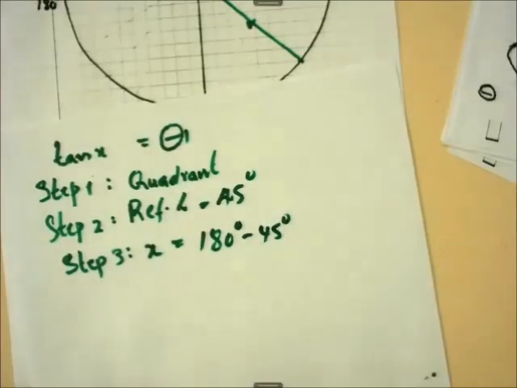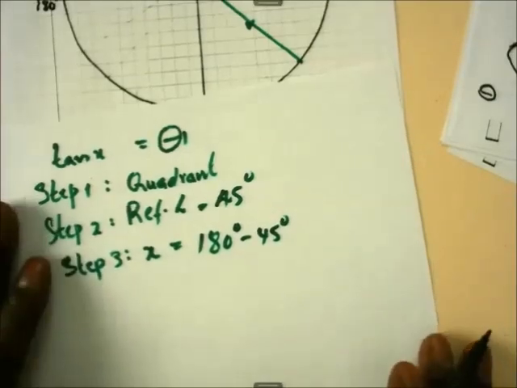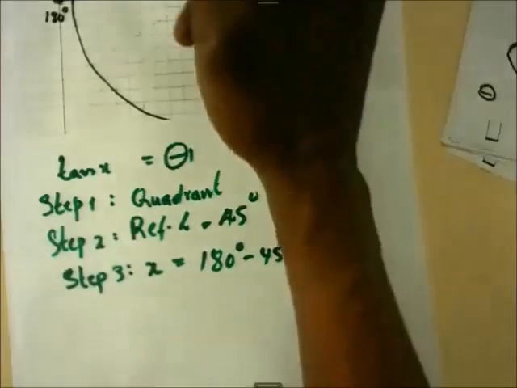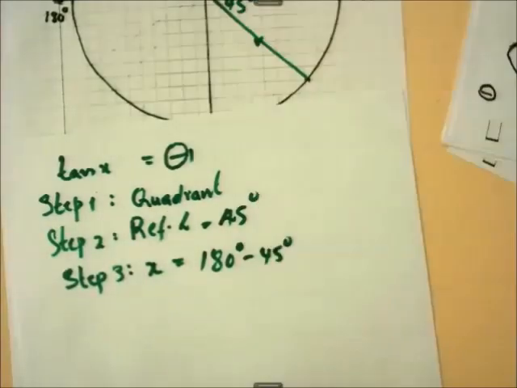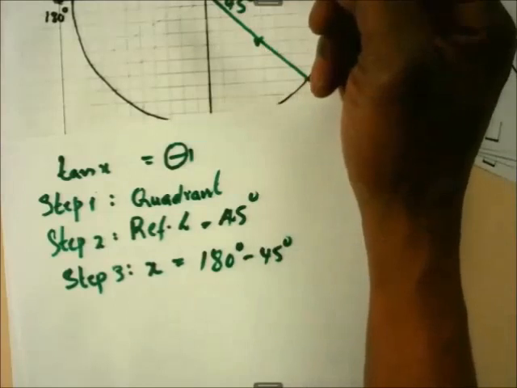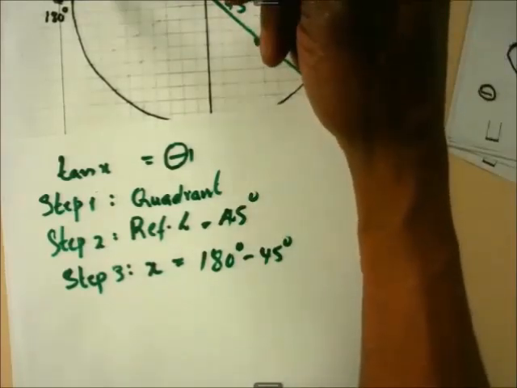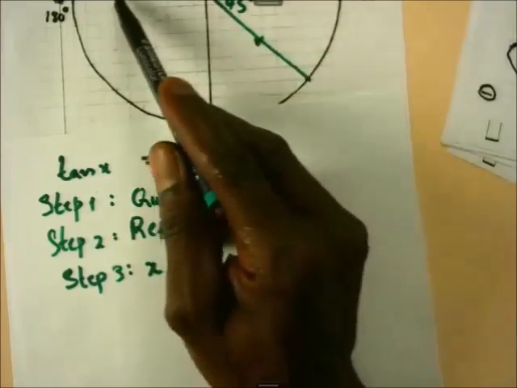Now, we've got to stop and talk about something which is very much interesting when we are dealing with tan. You see, I'm at this point where tan is the ratio of the opposite side over the adjacent side.